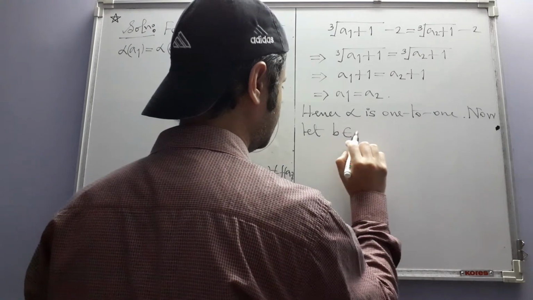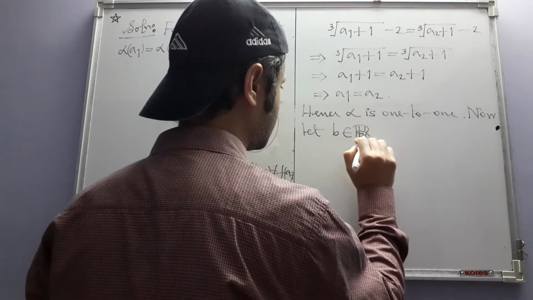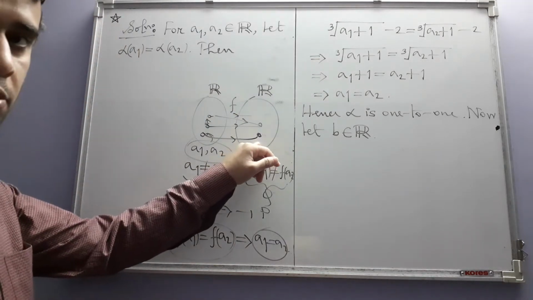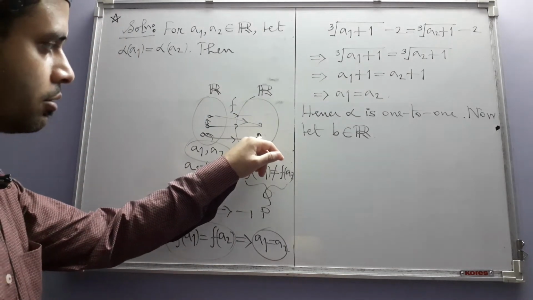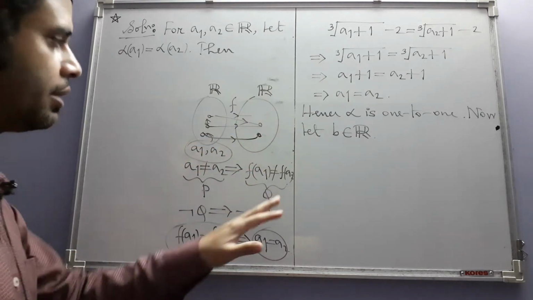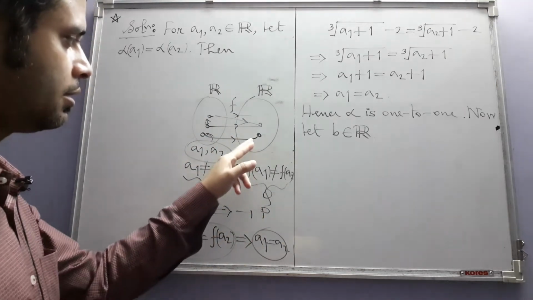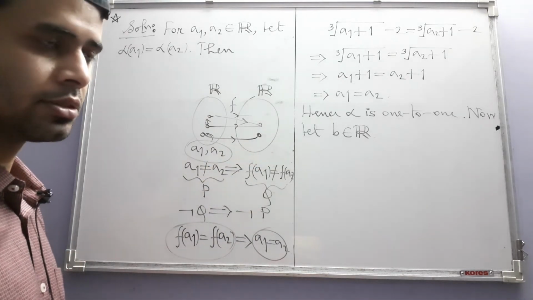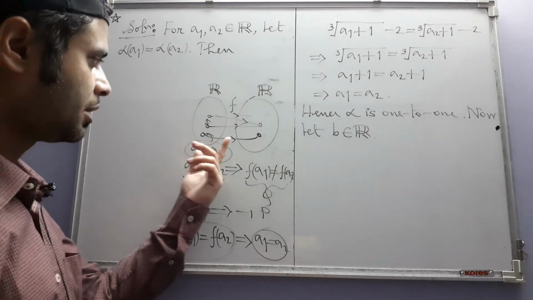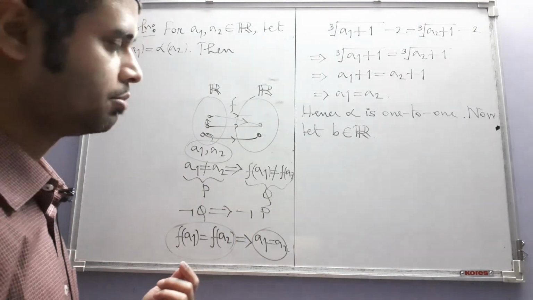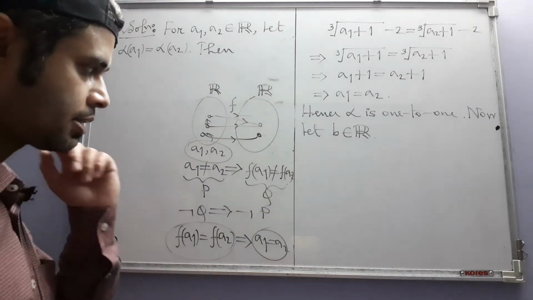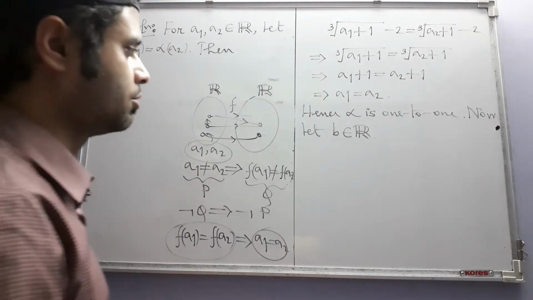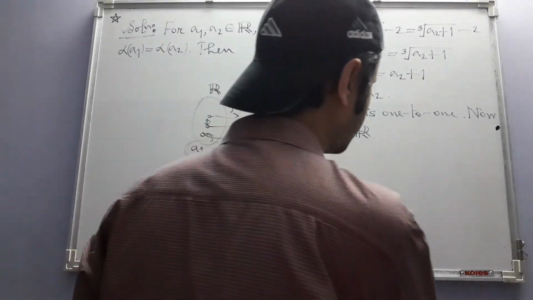Let us take B, because why we do this? Because we want to show that everything is being attacked. Nothing is safely sitting here alone, which is not coming in contact with anything from the domain. We want to show that such lonely elements are not there in the codomain. Then that will give you an onto function.